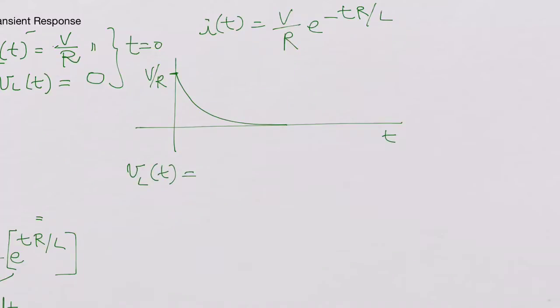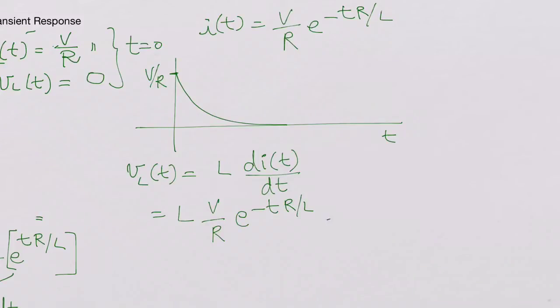VL of t, you know, it is L di of t over dt, which would be L V over R e power minus t R over L, and then multiplied by minus R over L. That would be equal to minus V e power minus t R over L. This is VL of t.